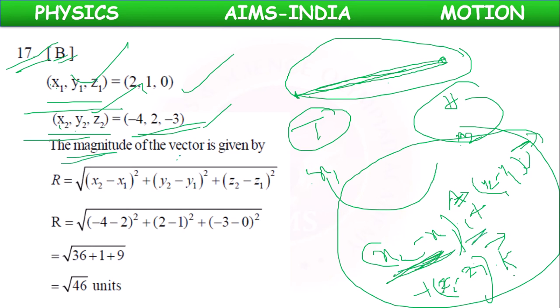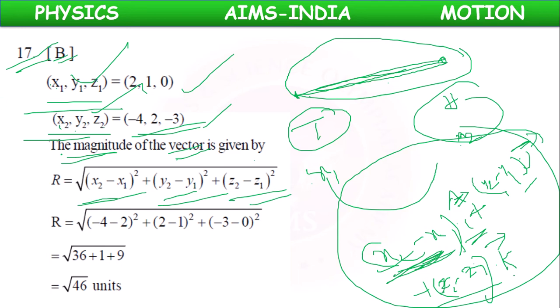For finding the magnitude of the vector, for all these numerals, we have to take the square root of the sum of squares of the numerals. So x2 minus x1 whole square, y2 minus y1 whole square, z2 minus z1 whole square.